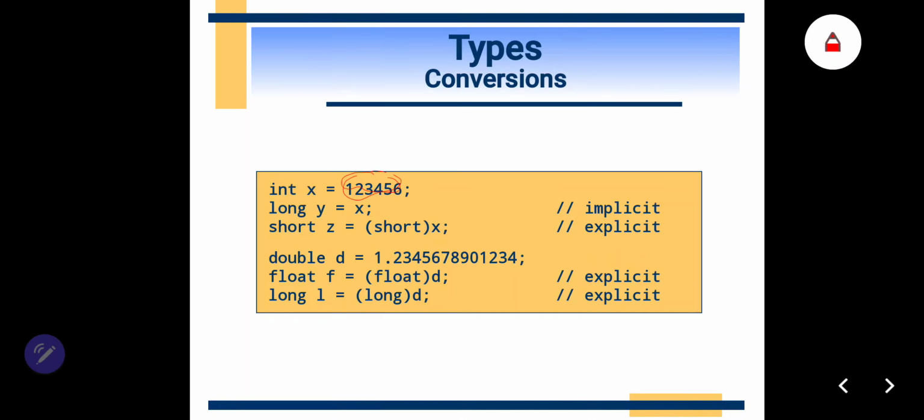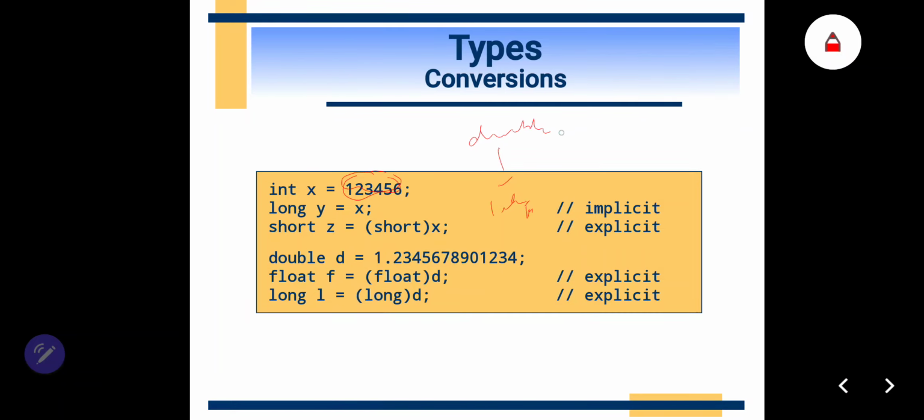For example, if you have a double and you want to convert your double into an integer, maybe you will lose some data.